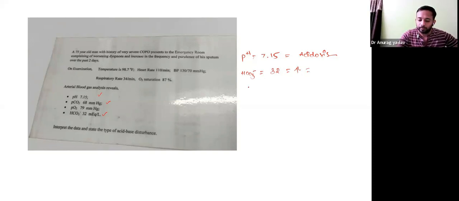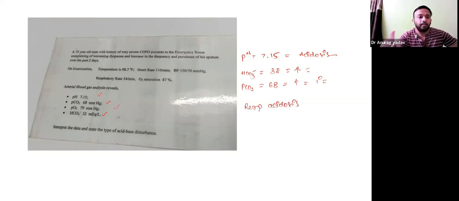Now you see the third component, the partial pressure of carbon dioxide. It is 68. Is it normal? It is high. Increase in carbon dioxide causes acidosis. In this case, the primary defect is respiratory acidosis. Next, we want to comment on compensation.